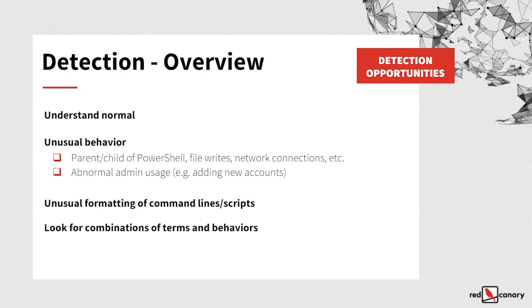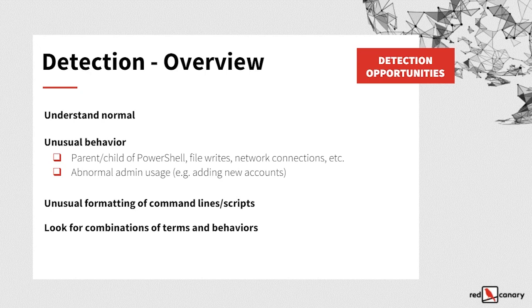So particular parent or child processes, writing files to certain directories with weird file names or certain file extensions, making network connections, all that stuff starts to become more visible once you understand what's normal. And then there are also the idiosyncrasies that happen often in malicious usage, where someone who has been doing this a lot will say, oh, I can just look at something and tell you if it's malicious.